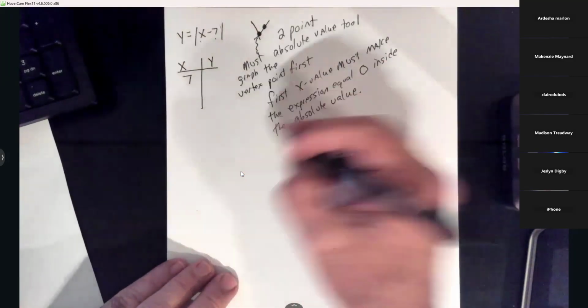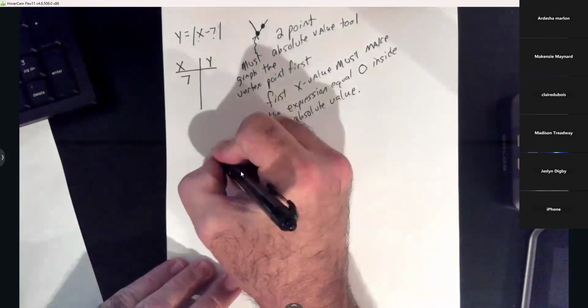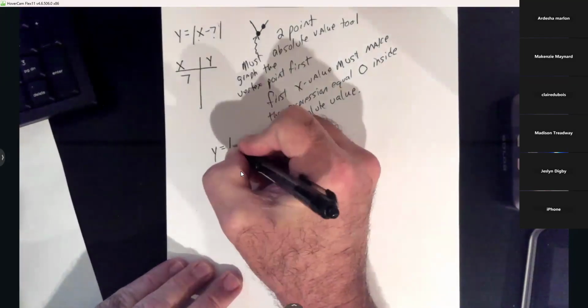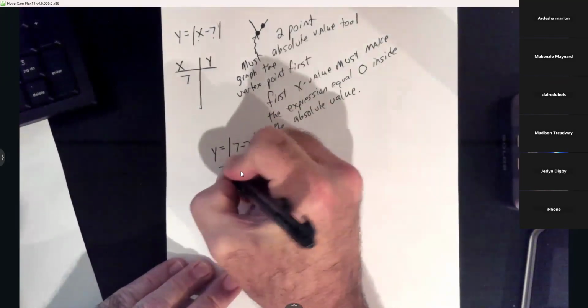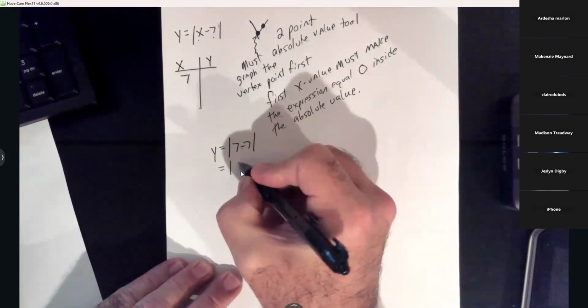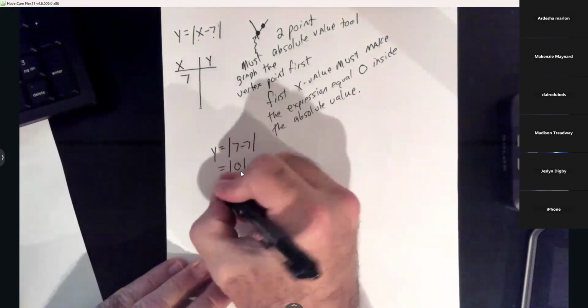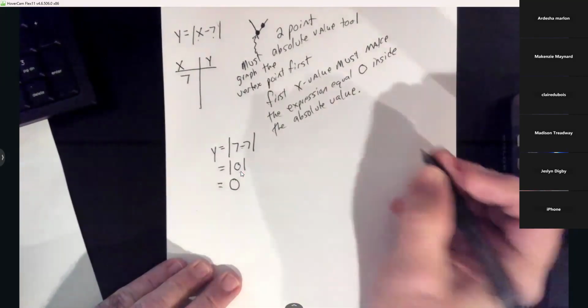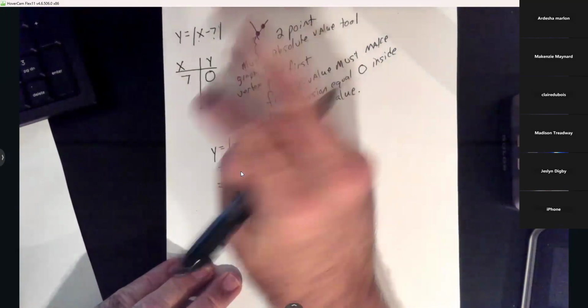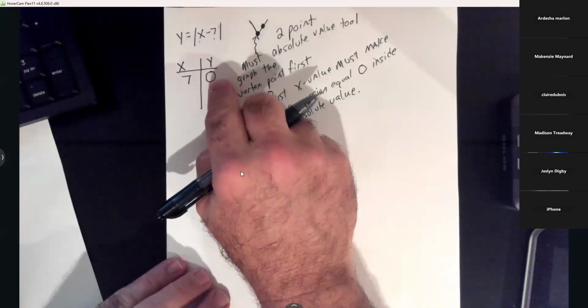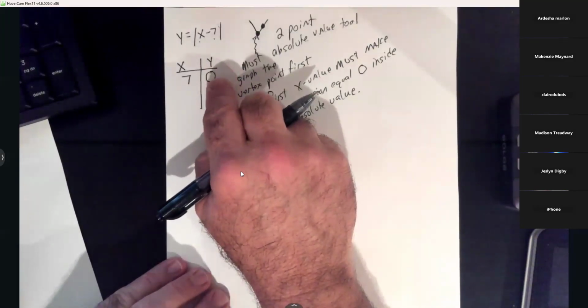So let's put that in. You would have y equals absolute value 7 minus 7. Well, 7 minus 7 is 0. And then the absolute value of 0 is 0. The first y value has to be 0 on this, okay?